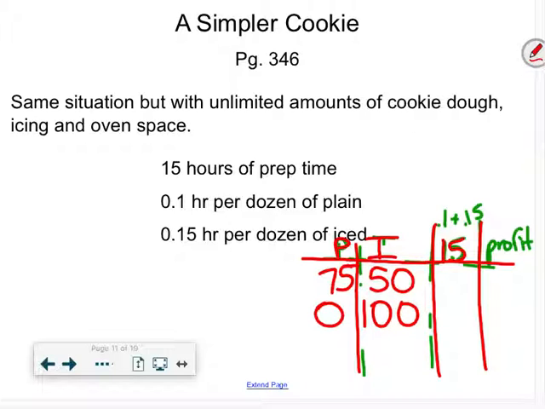So even now that we have unlimited icing, and that's kind of some quick math, because iced makes how much per dozen? $2, right, Brayden? So we're only making $200. And we already had a combination meeting all the original constraints that was bigger than 200. Any other thoughts? Can we make more than 200? Can anyone find one bigger than that?